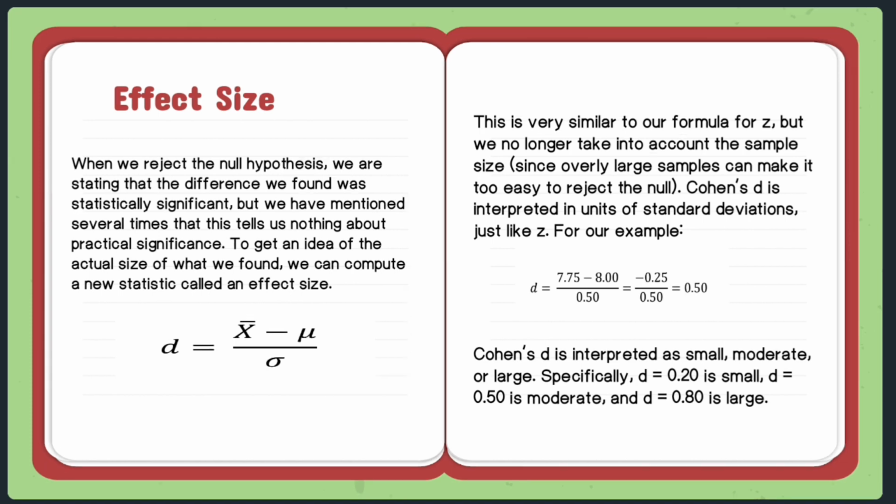This is very similar to our formula for Z, but we no longer take into account the sample size since overly large samples can make it too easy to reject the null.